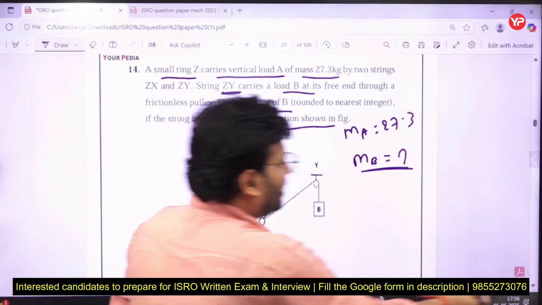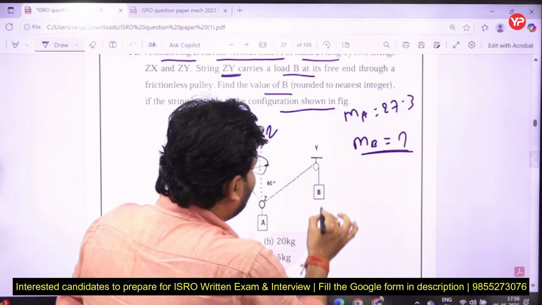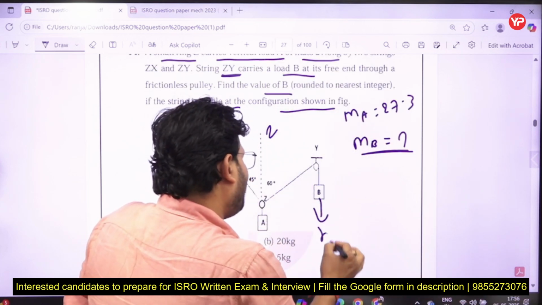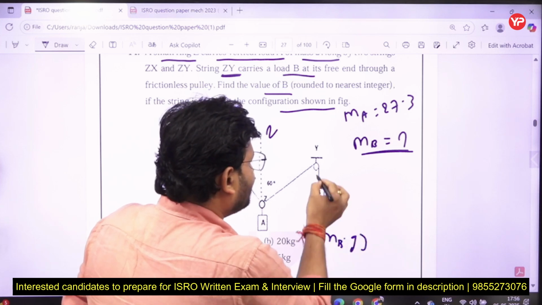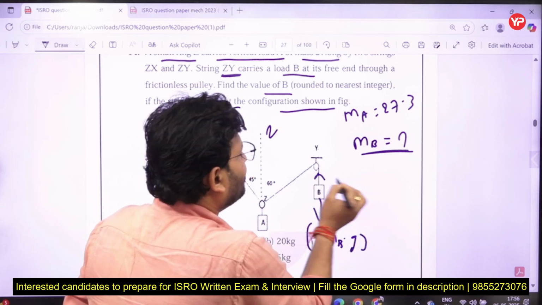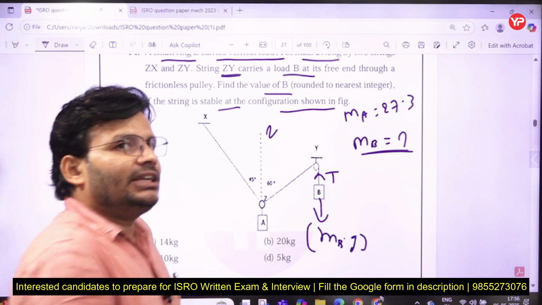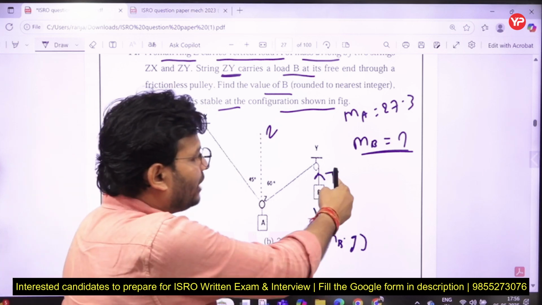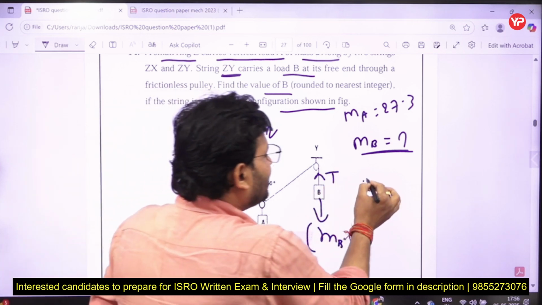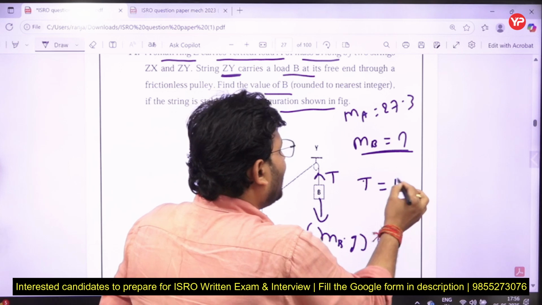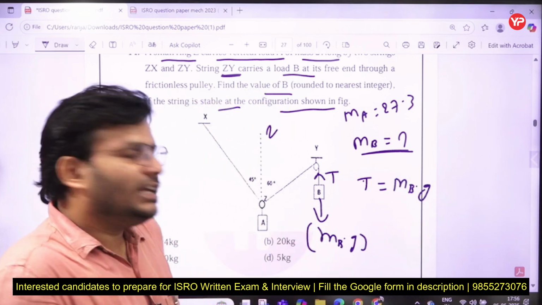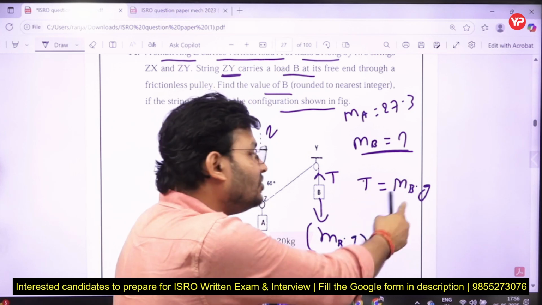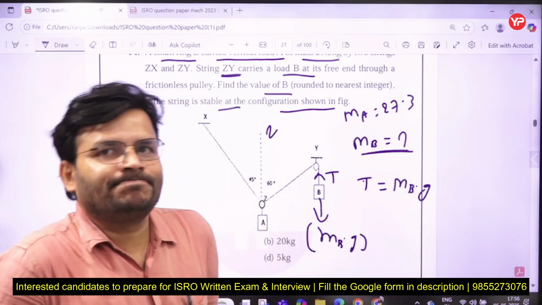If I come to the point, in the vertical direction M_B times G will act, and in the upward direction one tension is coming. If anyhow I am able to calculate that tension, I can say this T is equal to M_B into G. And if I calculate that T, G is known, I will get M_B.